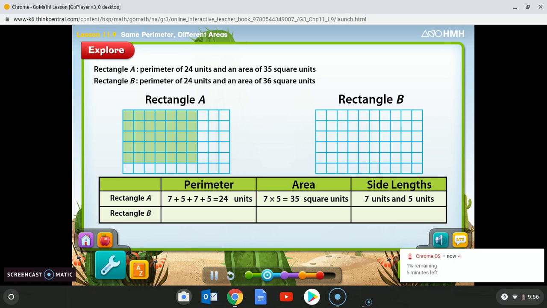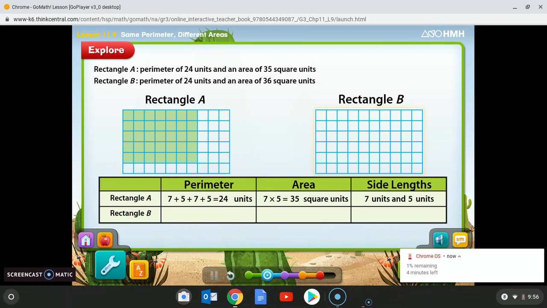So now that we've done rectangle A, now we're going to be doing rectangle B. Rectangle B has a perimeter of 24 units, but look at the area. The area is now 36, which means that we've got to make a different rectangle that has the same perimeter but different area. So let's start thinking about some ways that we can make 36.